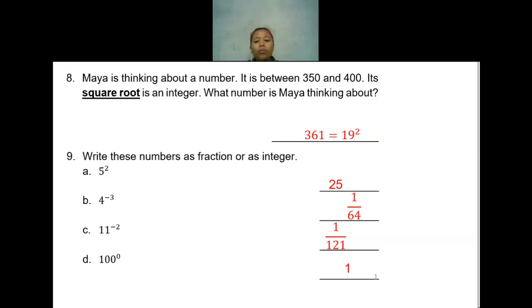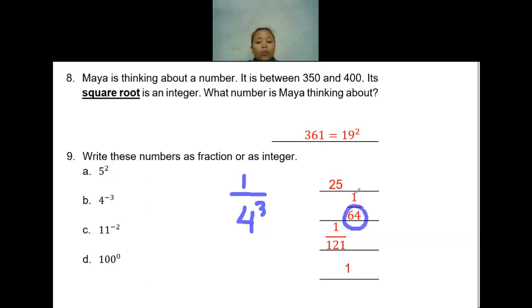And then for 4 to the power of negative 3, as you know, when the power is negative, we can make it into a fraction. So we'll do it as 1 over 4 to the power of 3. 4 to the power of 3 is equal to 64.